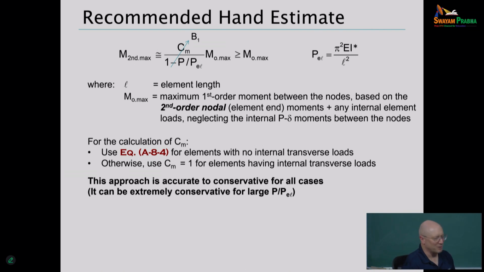It can be conservative for a lot of situations, but typically the element length that we're exploring is not large, and we can live with this conservative approximation because often we'll find that the calculation here gives us a number less than 1 for B1. We take B1 equals 1.